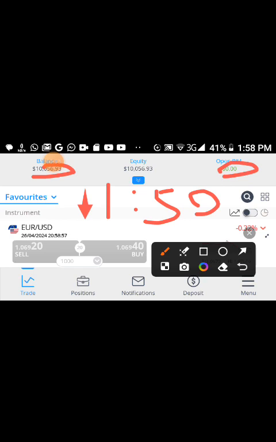That would be cool. If you have $10,000 in your account, just play it safe and try to make as much as 100 or 200 US dollars. It does add up in a day or whatever. But don't try to go too much, because then you will end up losing in the market.